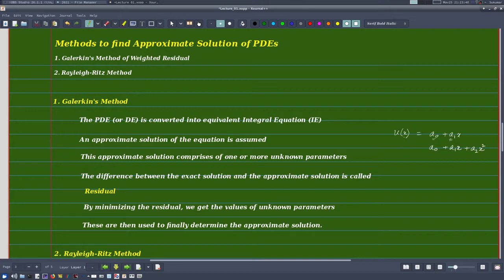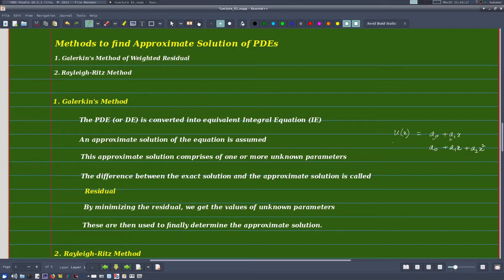That difference between the exact and approximate solution is called the residual. It's basically the error. We try to minimize the residual so that our approximate solution gives the best possible answer, closest to the exact solution.